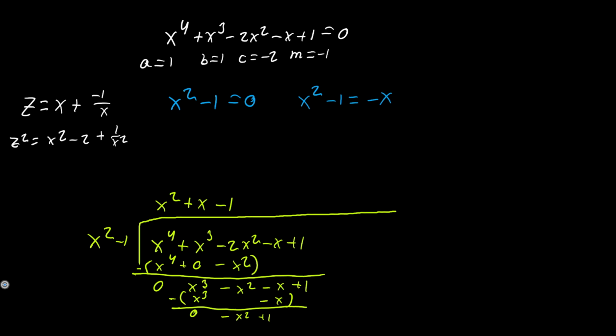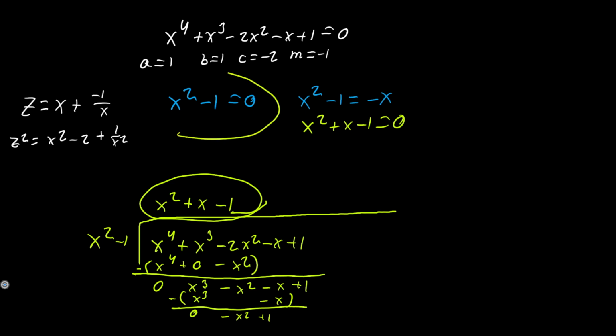That will then be negative x squared plus 1 subtracted by negative x squared and positive 1, which will then cancel everything out. So we see that this here is the solution to our quartic. So we didn't have to directly plug in the solutions. We just divided out the solutions that did work, that were rational, and we got x squared plus x minus 1.